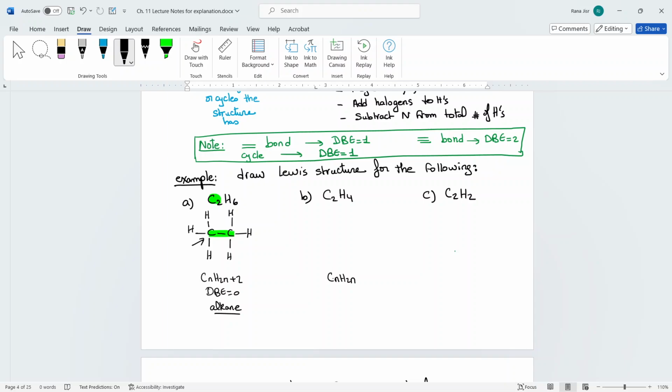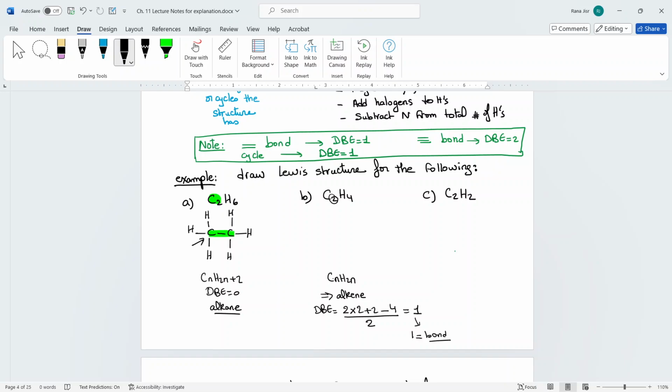And the CnH2n, I know that this one is going to be an alkene, because if I work the DBE for this molecule, it's going to be the number of carbons, which is 2, times 2 plus 2 minus the number of hydrogens, divided by 2. So that is going to be 2 divided by 2, which is equal to 1. A DBE of 1 means 1 double bond. So I have here 1 double bond.